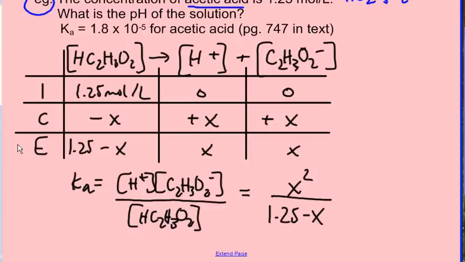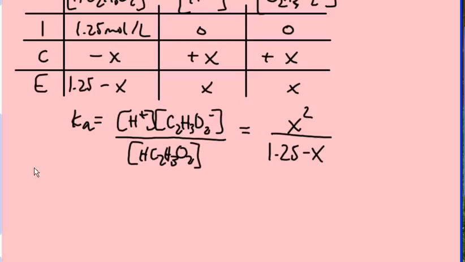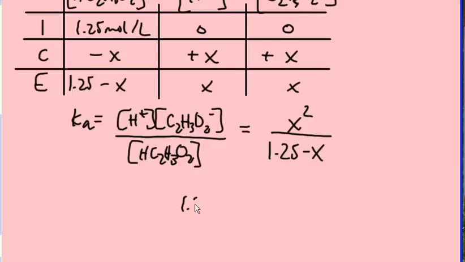In this case, we may be able to make the assumption to ignore that x. So let's take a look at that. Ka, so it's 1.8 times 10 to the minus 5 equals x squared divided by 1.25 minus x.